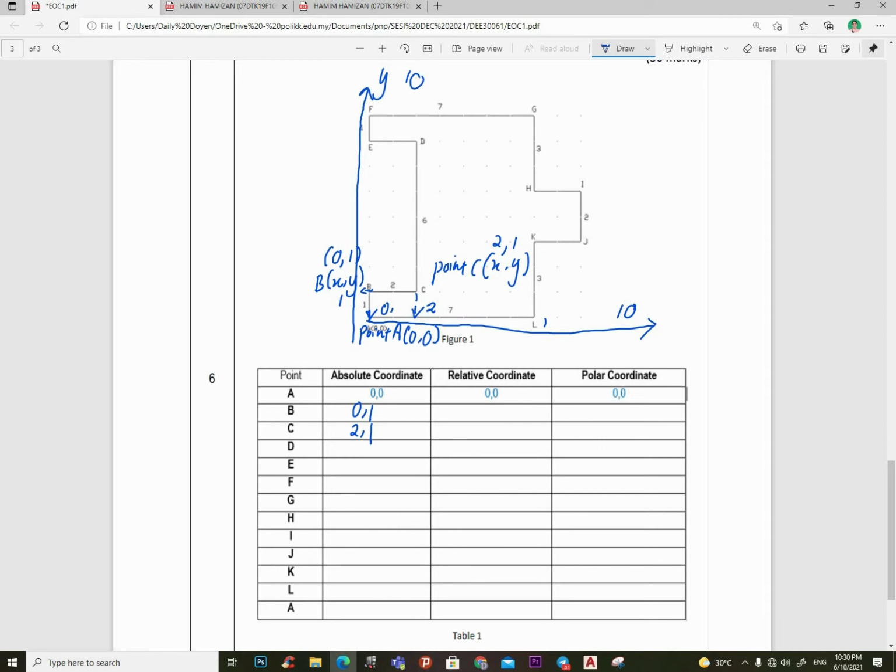Now we move on to D. Value of x is equal to 2 and the value of y is equal to 1 plus 6 equal to 7. 2, 7. Okay, let's try this first.